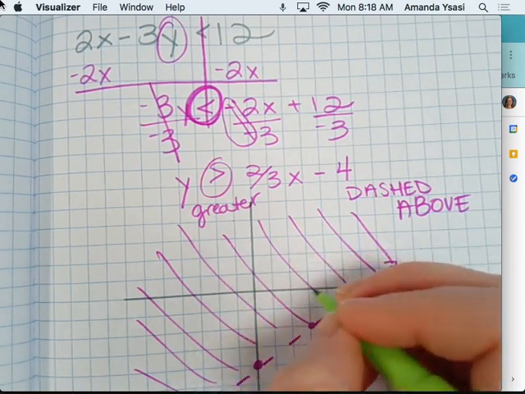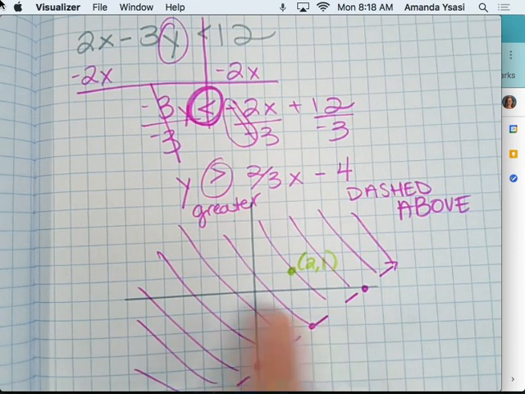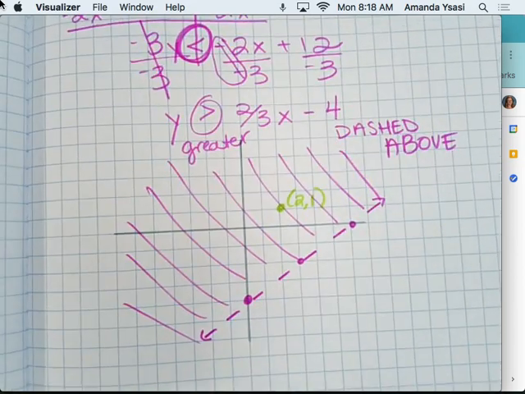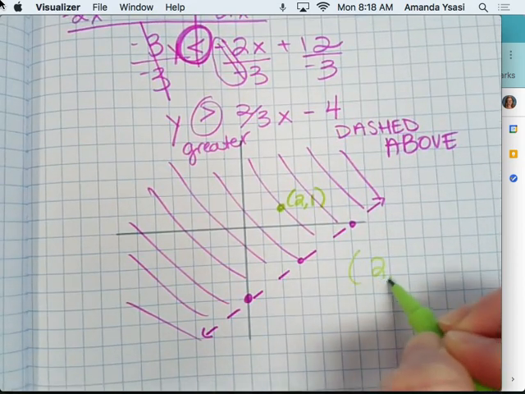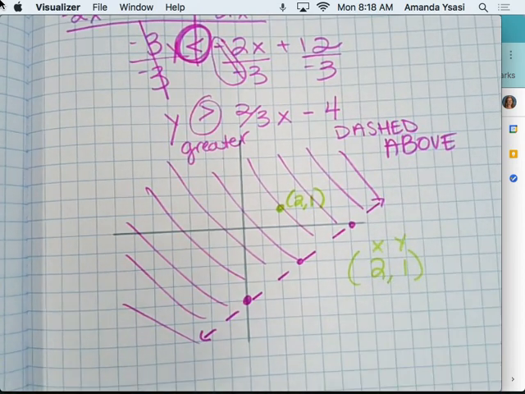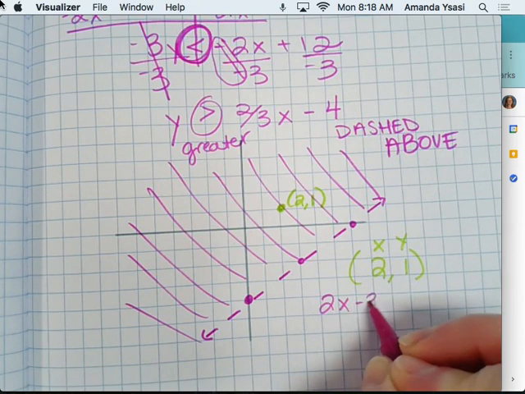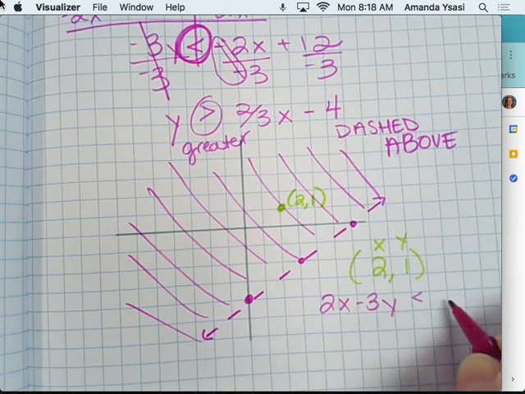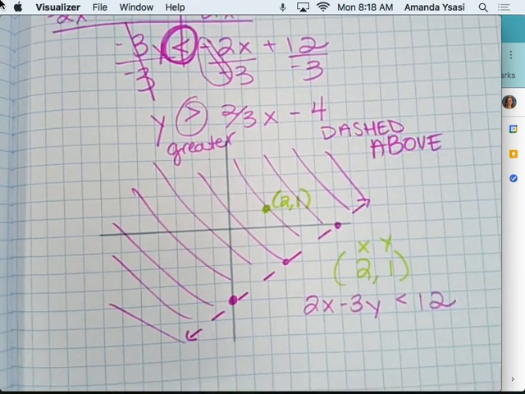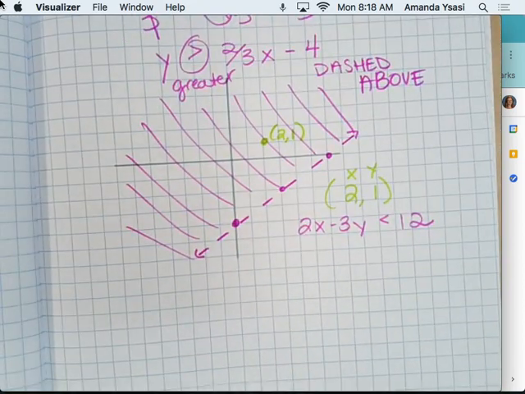We want to try a different number. So how about 2, 1? That is part of the solution set. So 2, 1, x is 2, y is 1. So we would plug this in to our original inequality, 2x minus 3y is less than 12. And let's see if it is in fact a true statement.